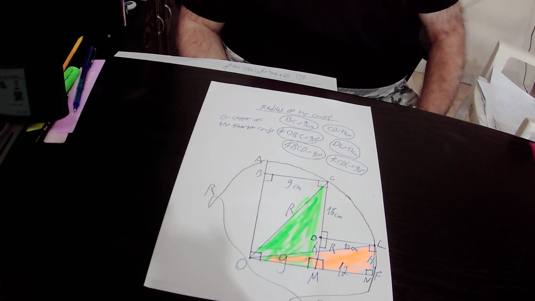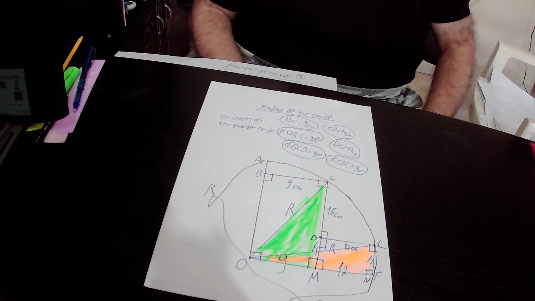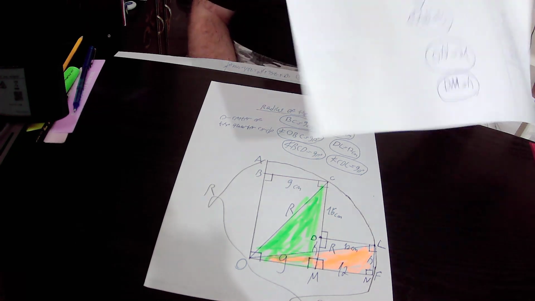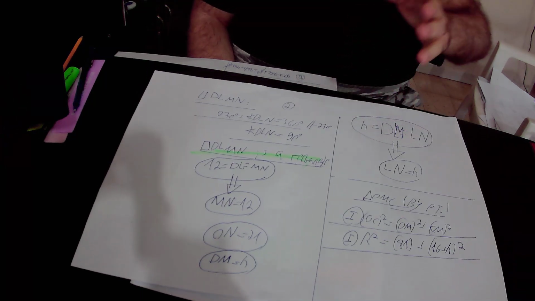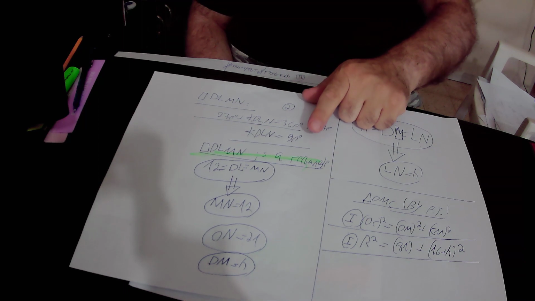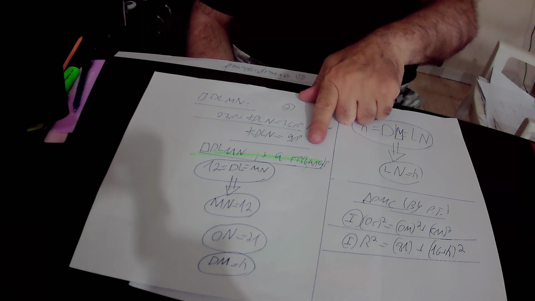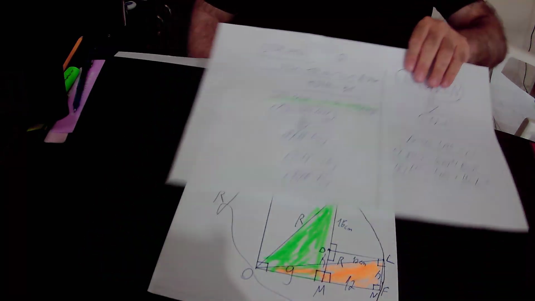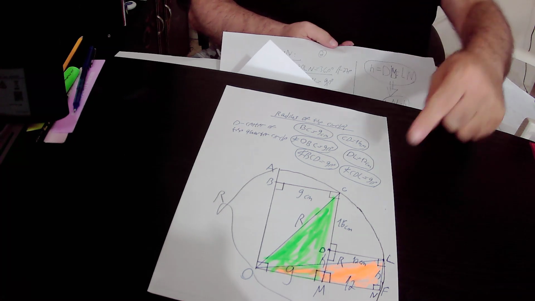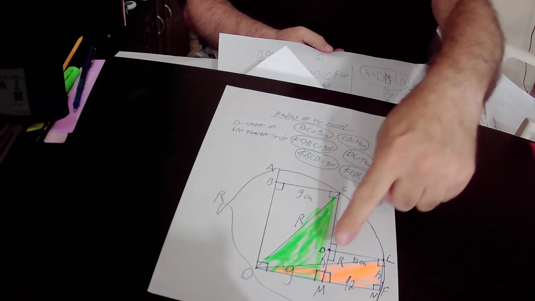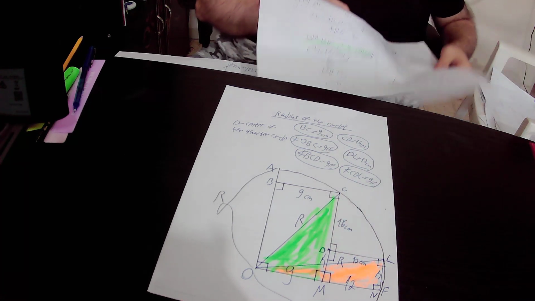Any quadrilateral that has four right angles is a rectangle, if not a square. So quadrilateral DLMN is a rectangle. And we know that the opposite sides of a rectangle are equal to each other. So in rectangle DLMN, side DL must be equal to side MN.